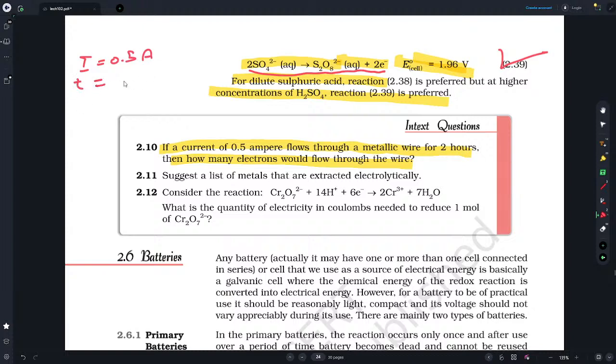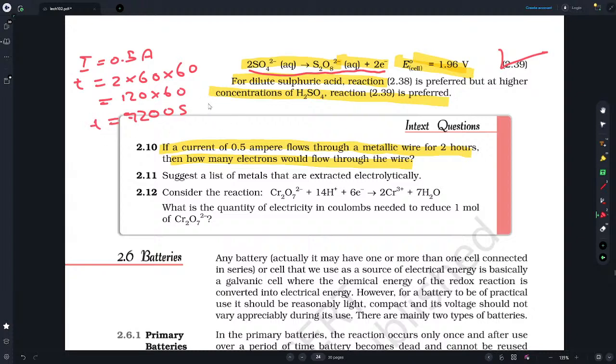The time they gave is 2 hours, so convert it into minutes and then times 60 for seconds, which is 120 times 60, which is 7200 seconds. This is the time.